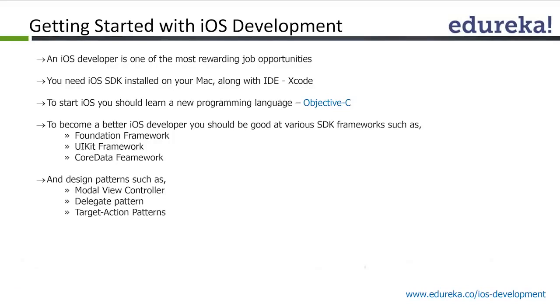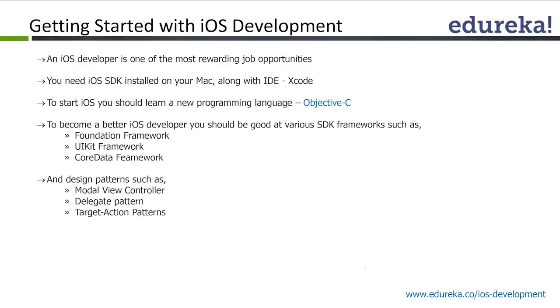For this course, you will be learning more of Objective-C than Swift, and in the final module you will be learning the basics of Swift, and you will be given a project about it, so that you will have more ease in both languages, Objective-C and Swift.